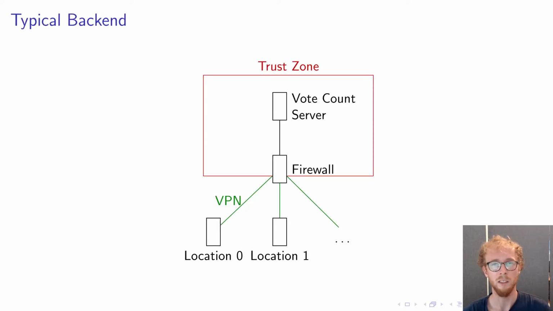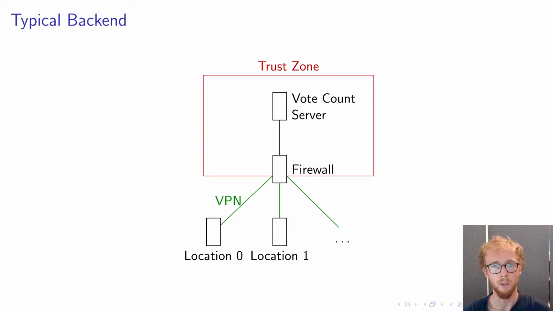That was that we had this very classical corporate structure. So basically, we have a firewall that's protecting the vote count server. That could be many servers, that could be a database server, many different entities. I'm just abstracting this away because it doesn't really matter for this case.